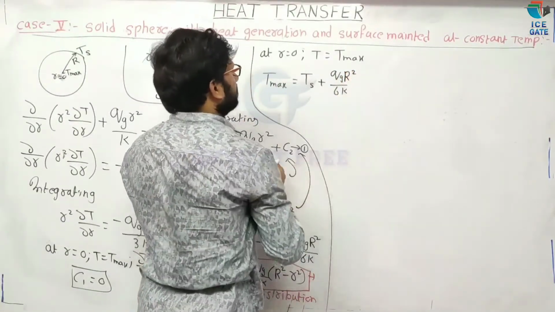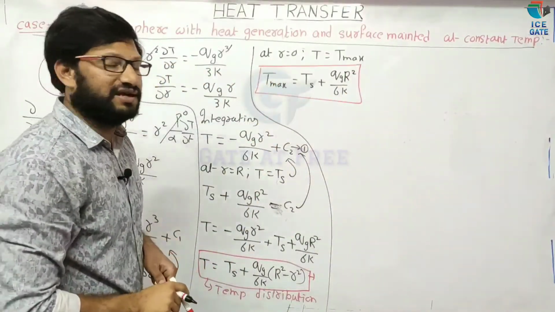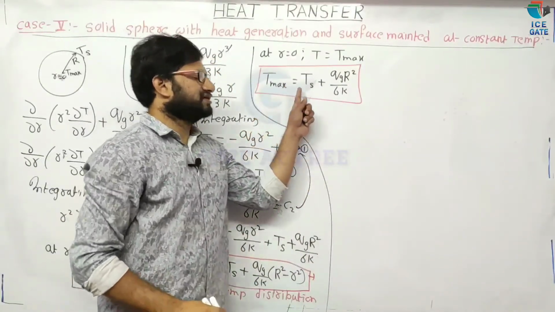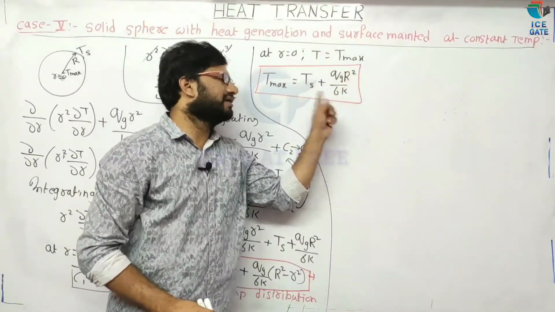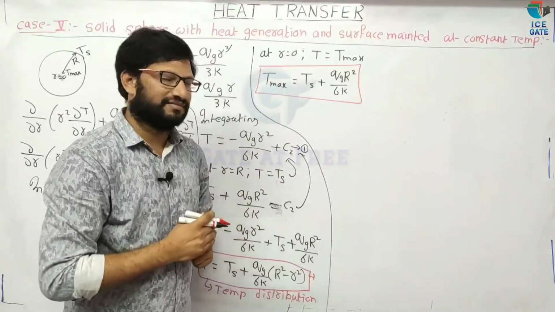This is the maximum temperature in a solid sphere with heat generation. For a cylinder, T max is equal to Ts plus Qg R²/4k. By comparing both, it is easy to remember, right?